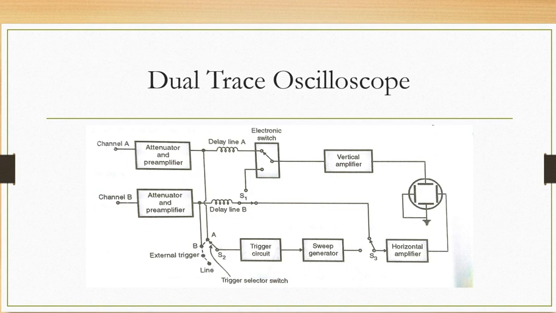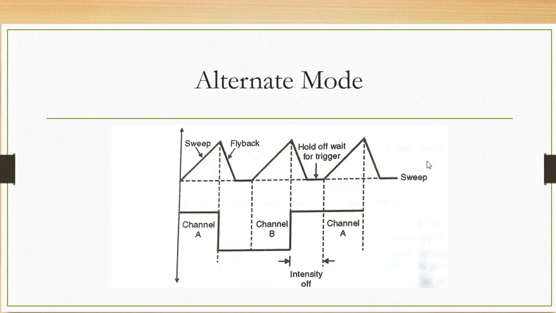To understand this, you must understand alternate and chop mode. There is only one electron beam in a dual trace oscilloscope as well, but we must know how it is made possible to display two waveforms simultaneously. So let us start with the first mode, that is the alternate mode.